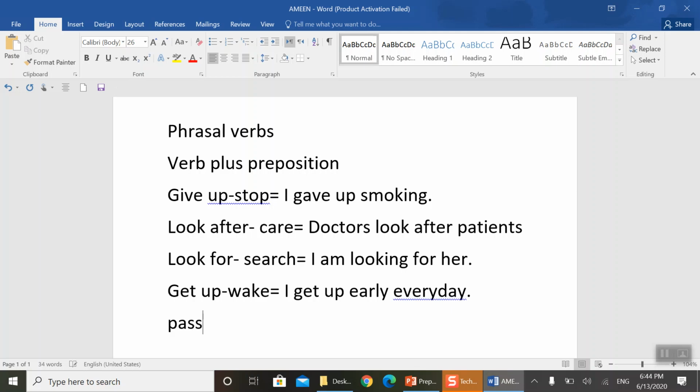Pass معناته يمر، لكن pass away معناته die يموت. He passed away يعني توفى. يستعملون عادة passed away، ما يقولون die لأن كلمة ملطفة.